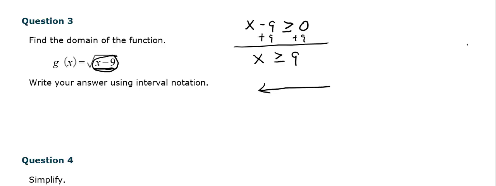So we look at our number line, and our number line goes from negative infinity to positive infinity, and our boundary point for this problem is 9. So the statement is the values of x are greater than, so that would be to the right of 9 on the number line, or equal to.